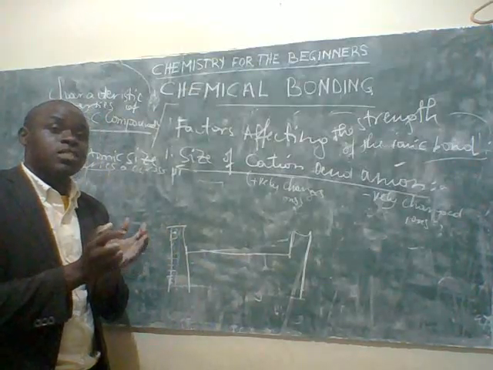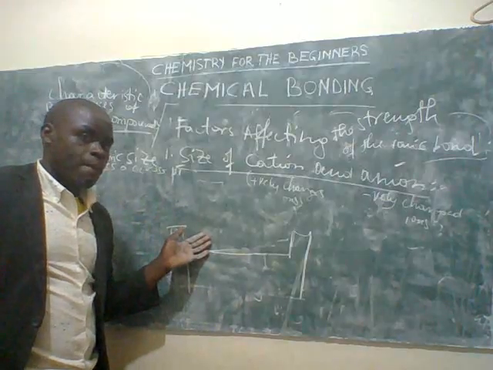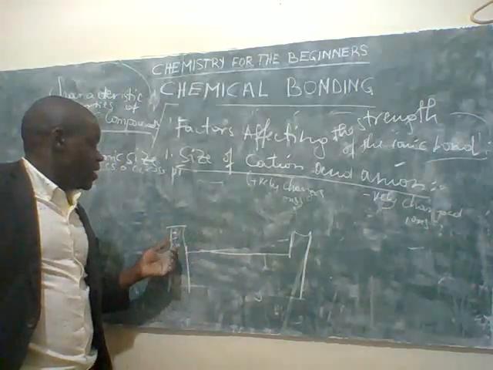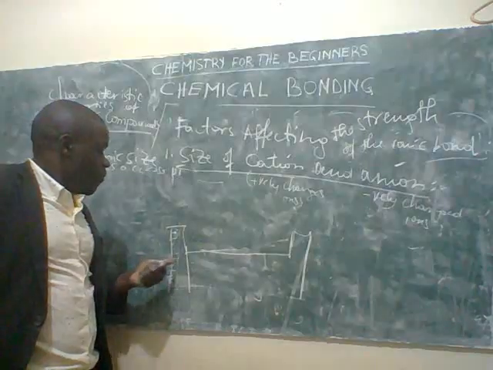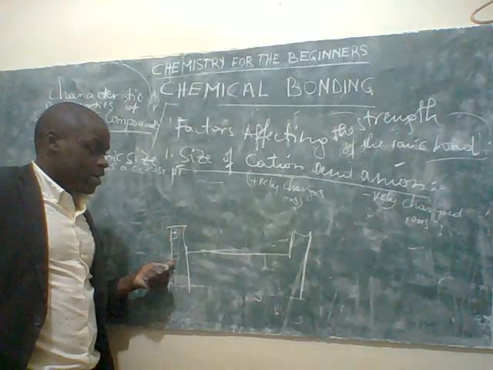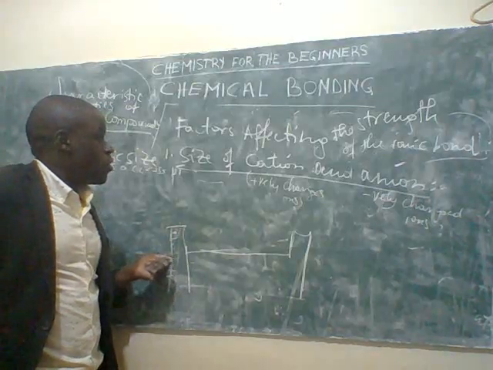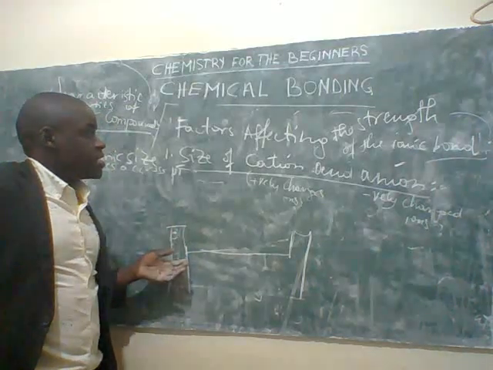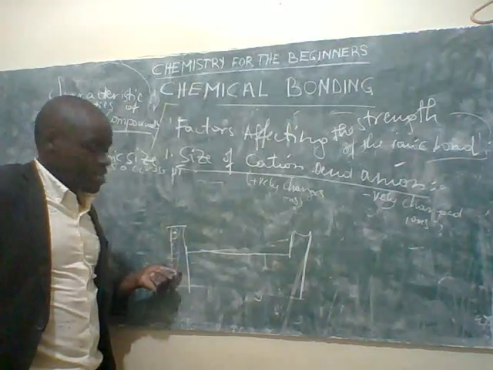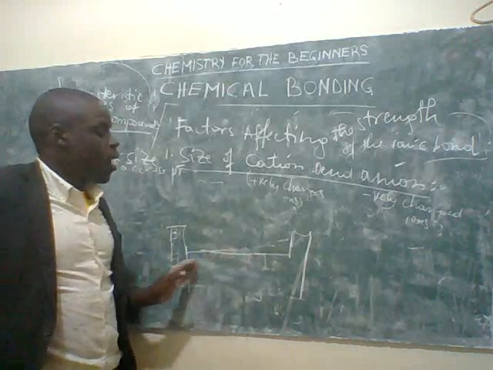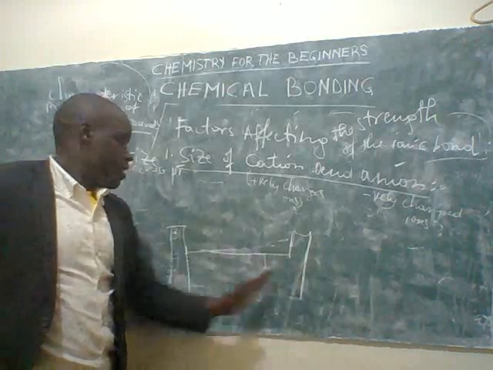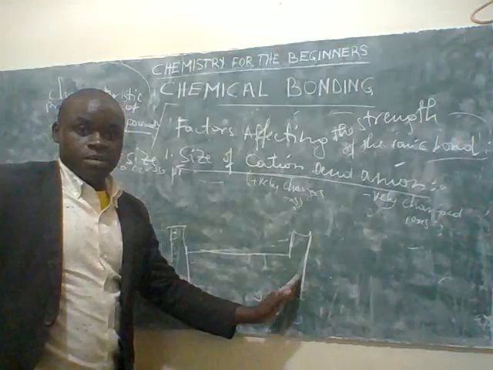I think we are matching with all we explained. We explained that the one which is here has a big size in terms of atomic size, compared to the one which is to the right of it.